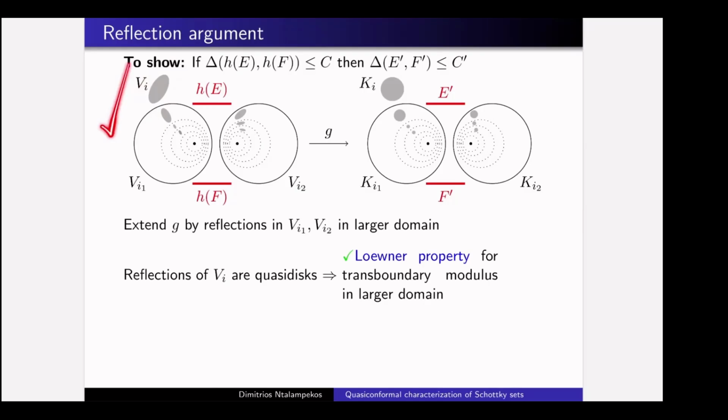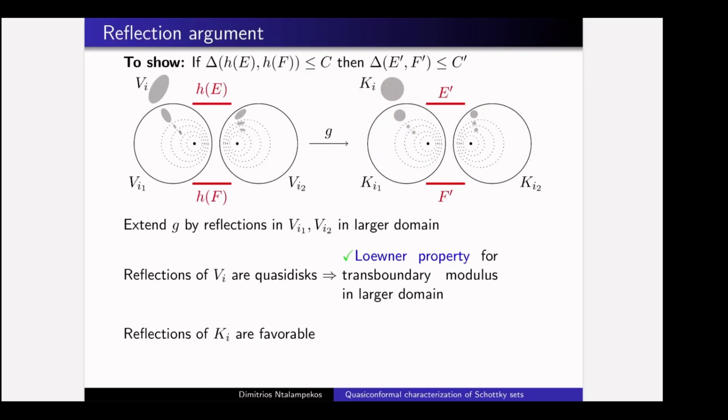Now on the target side, initially we had two problematic disks, K_i1 and K_i2. The other disks were good. They were favorable, so they would not cause any problems in modulus computations. We have to ensure that those reflections still remain favorable. They don't cause any new problems.